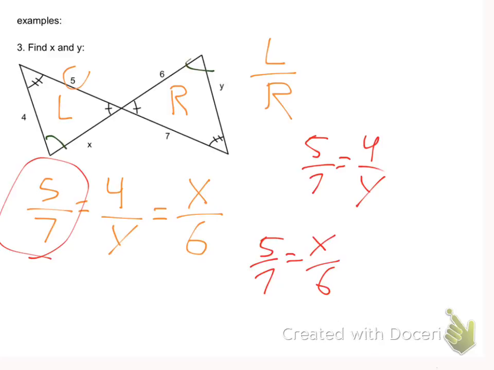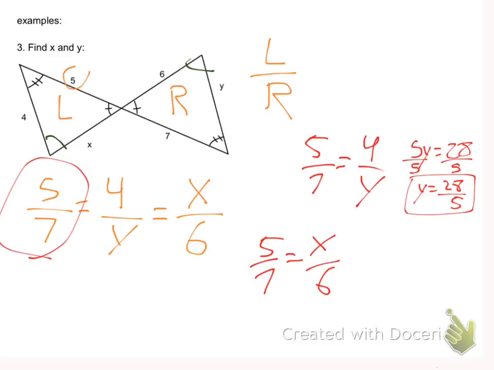How do I solve two fractions equaling each other? Cross multiply. So this becomes 5y equals 28. Divide both sides by 5. y equals 28 over 5. Leave it, because I can't reduce it. Right?